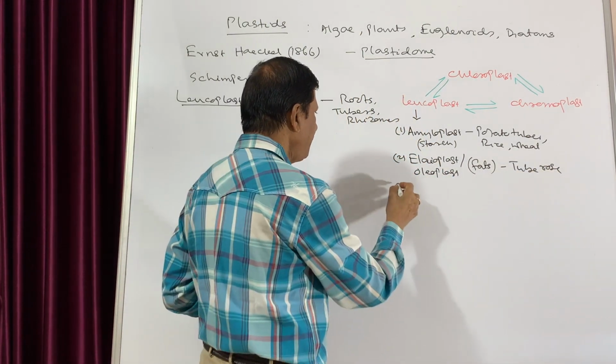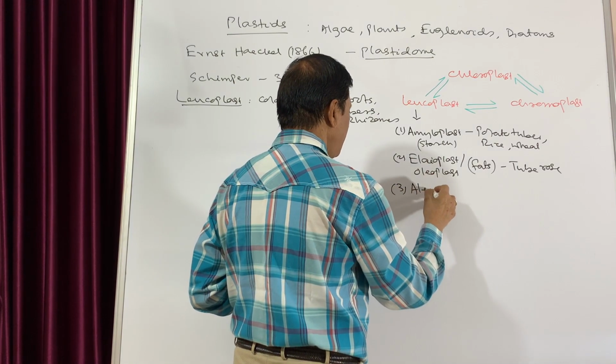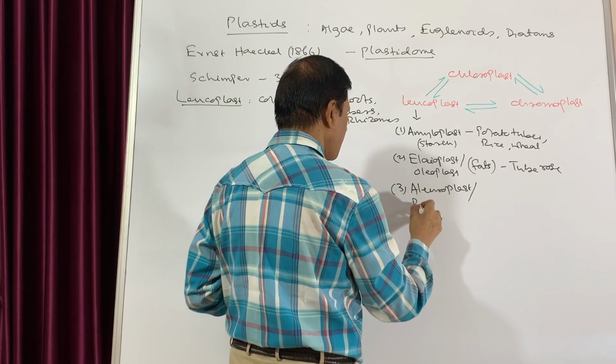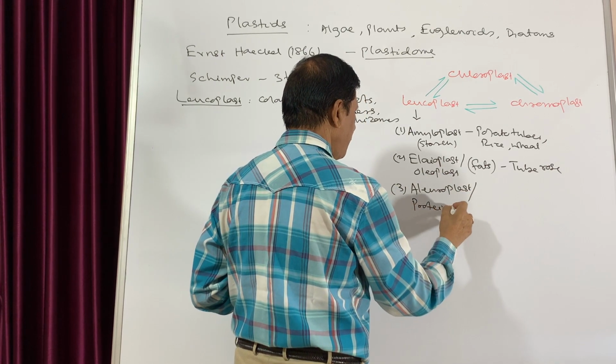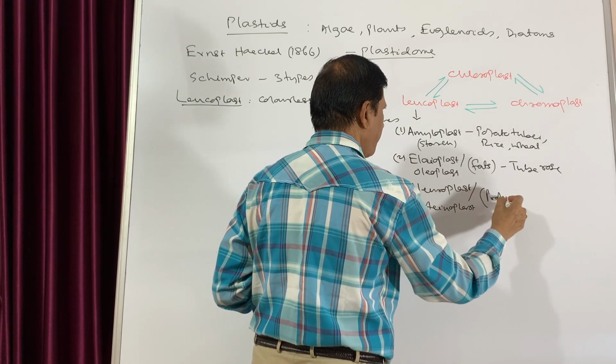The third type is the aleuroplast or proteinoplast, and they usually store proteins.